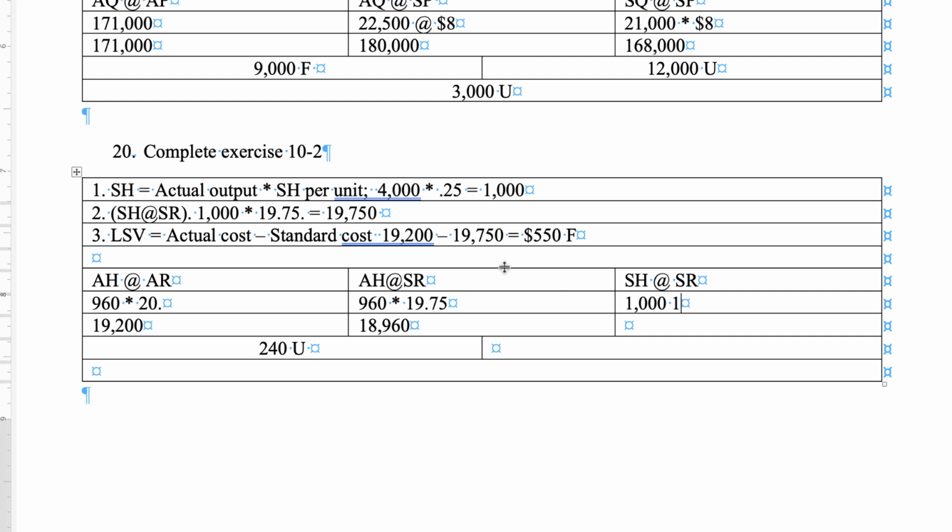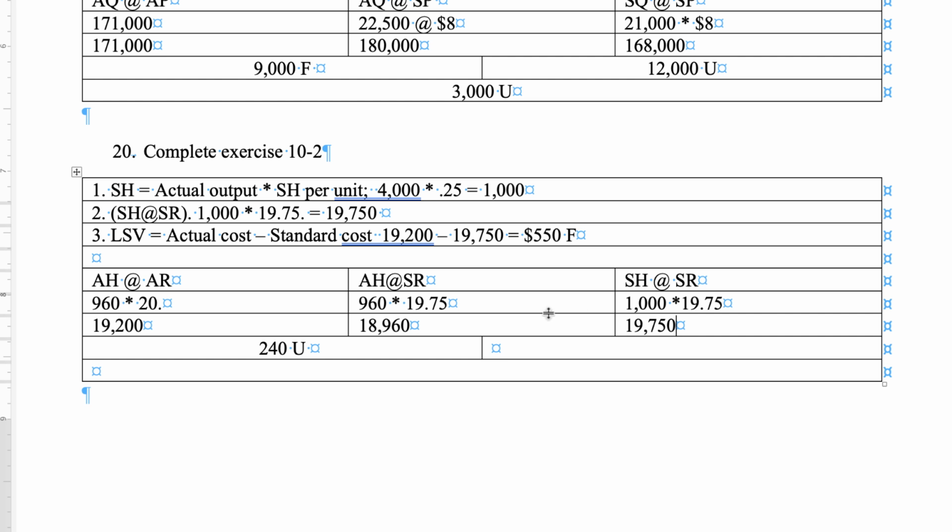The standard rate is $19.75. So easy math, we get 19,750. So right off the bat, we can see that we used less hours than we should have, right? We used 40 less hours.